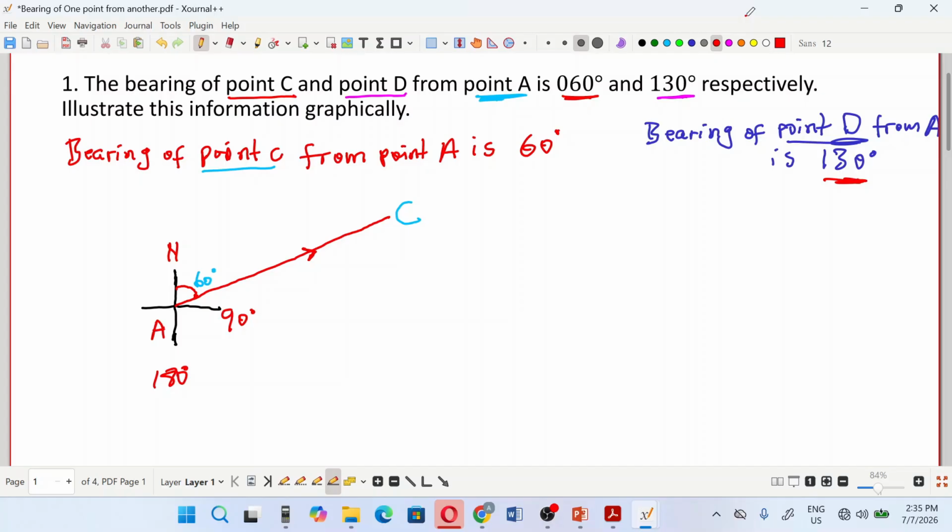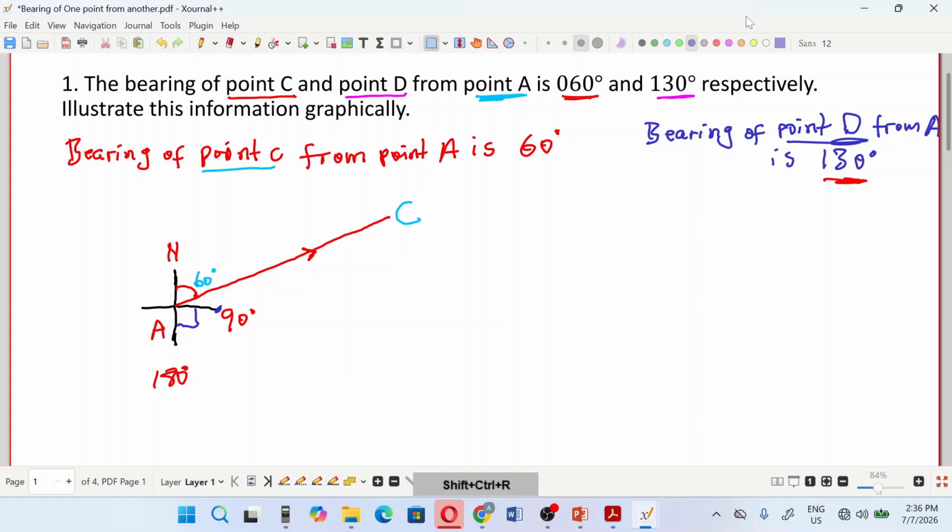So from this point, if I'm moving all the way, I know up to this point is 90 degrees. And I want 130 degrees. So how much more do I need to add to 90 to make up 130? It tells me that I'll need 40. And I know that in the second quadrant, the whole of this part is 90 degrees.